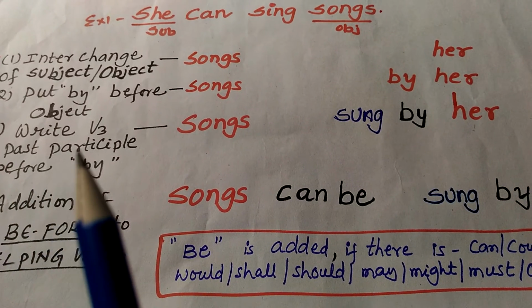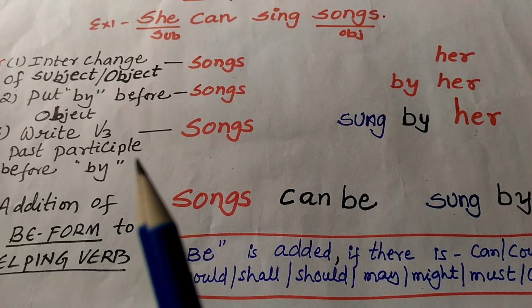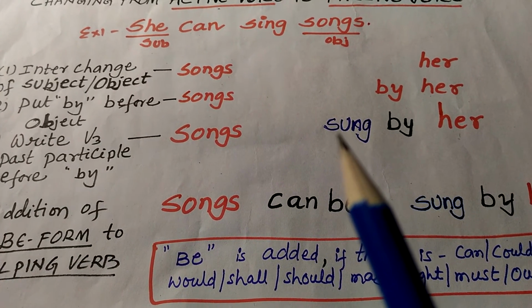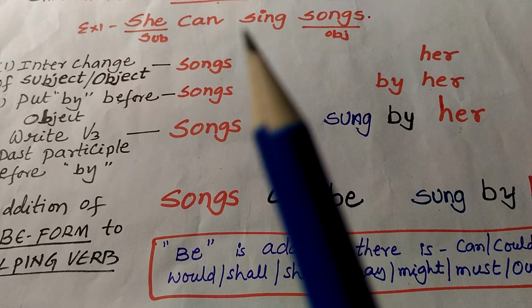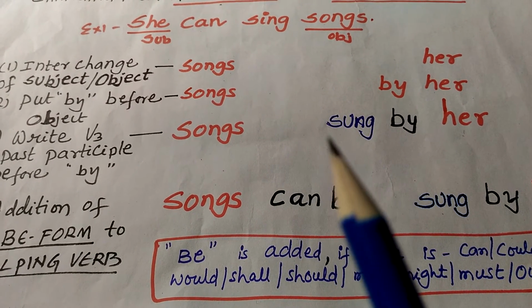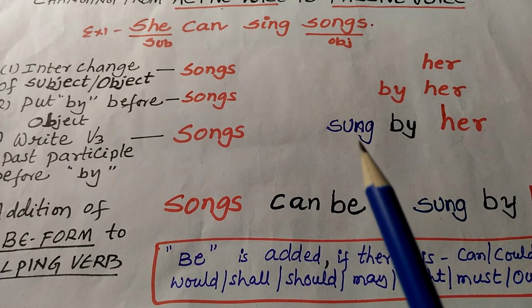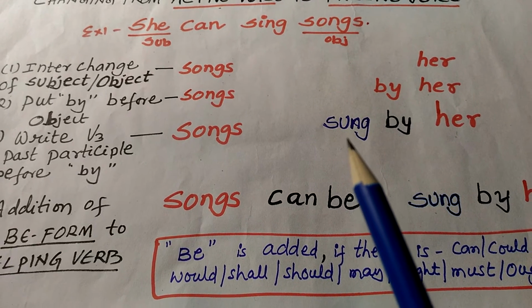Third one, write verb 3, that is past participle, before by preposition. Here before by preposition, the past participle of verb sing has been written, that is sing, sang, sung. So verb 3 form is sung. This is the third rule.